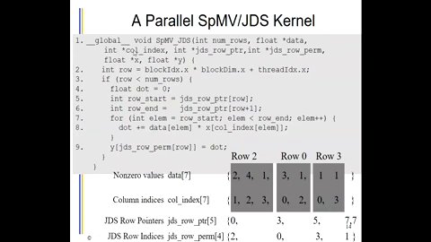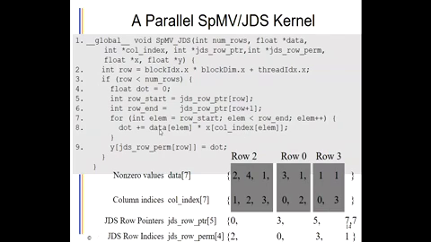And then you will use the row start and a row end to pick up where your row starts and where the next thread's row starts. And so you're going to be incrementing your index between these two. So the element is the index. So your element will start with row start, and then you will end before the next starting point, and then you would do the inner product.